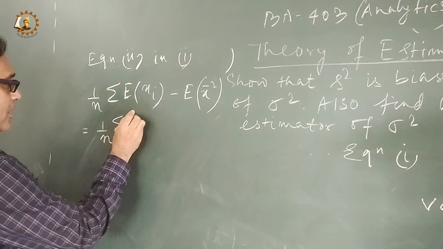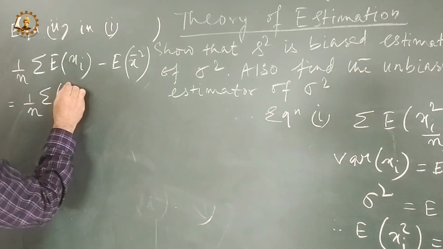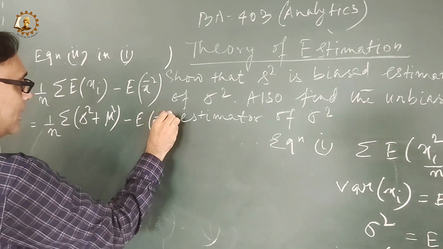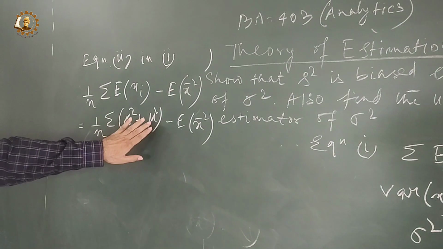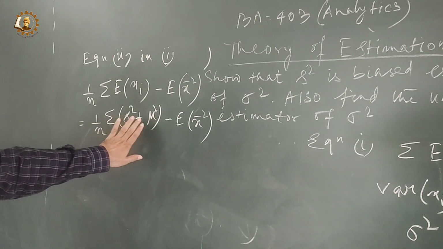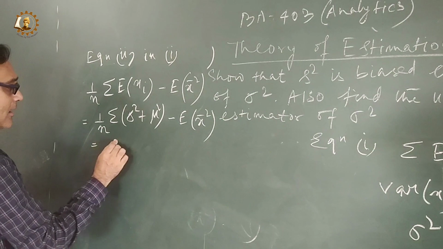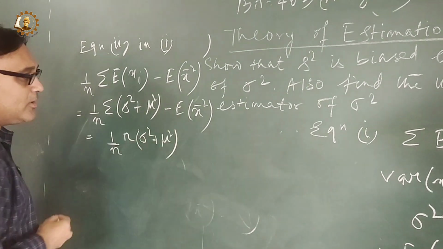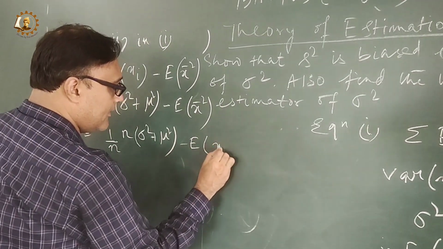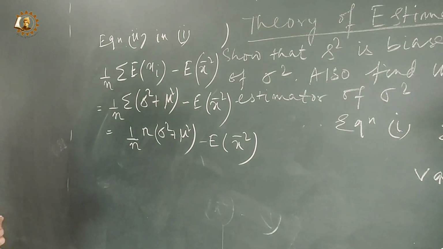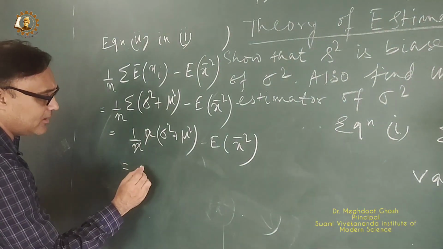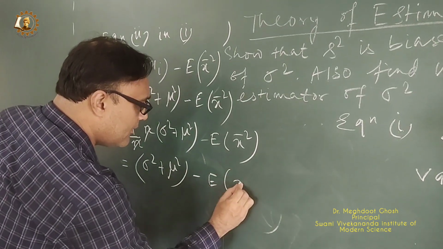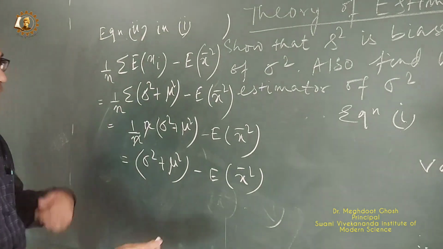Now here what I will write, summation from equation 2, sigma square plus mu square minus E of x bar square. Now again this sigma square plus mu square is a fixed quantity and we are adding it up n times. Therefore I can write here 1 by n into n times sigma square plus mu square minus E of x bar square. Okay, so this n will cancel and ultimately I am getting here sigma square plus mu square minus E of x bar square. So this is my equation 3.